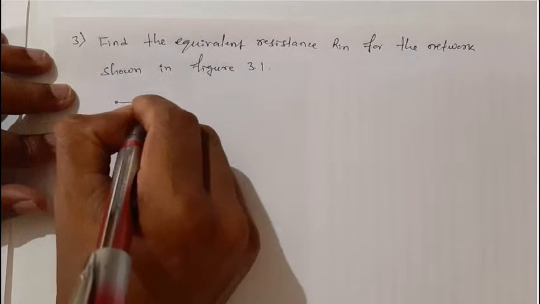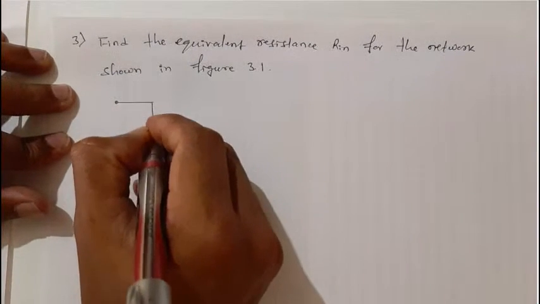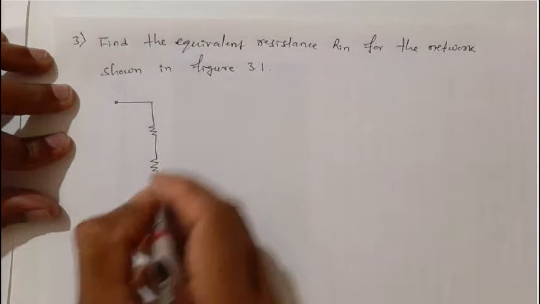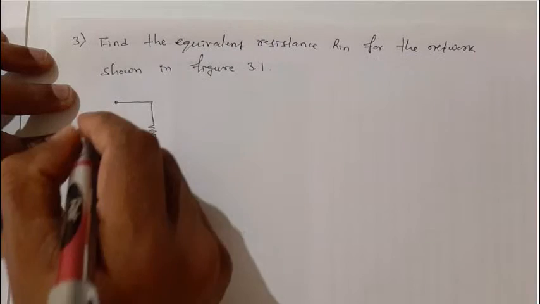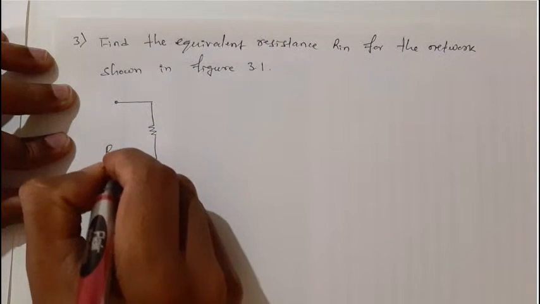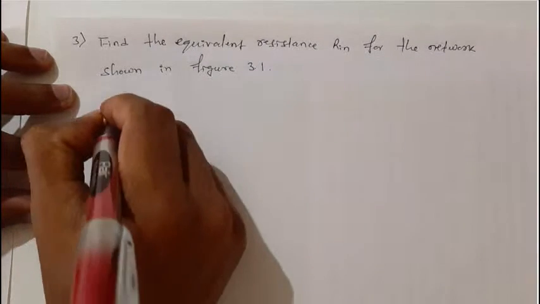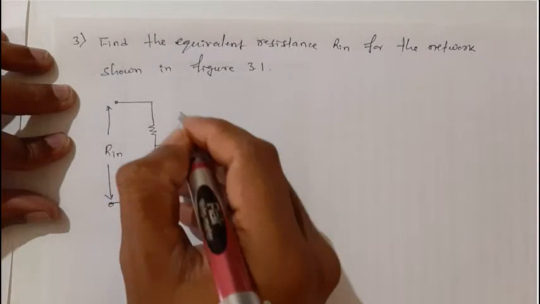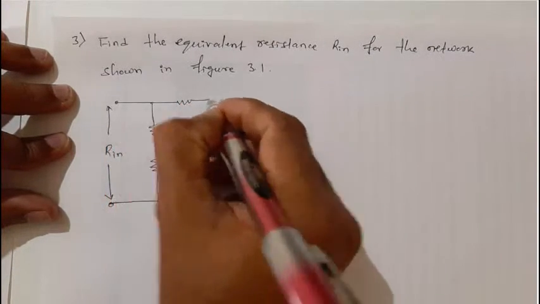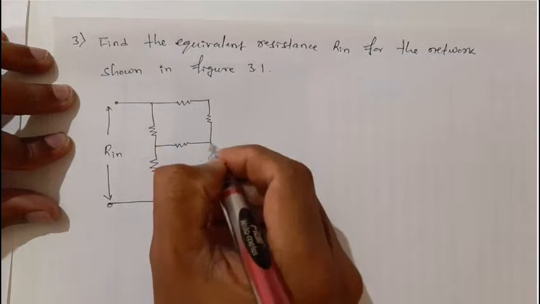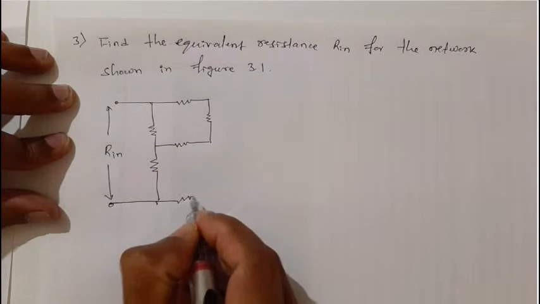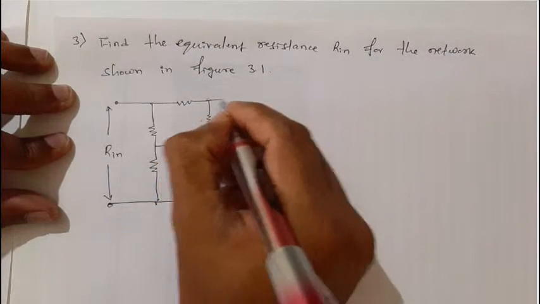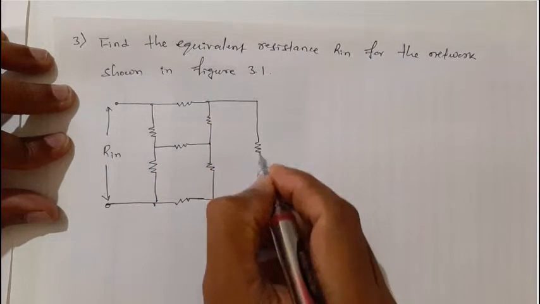Here we have a resistor. Between these two terminals we should find the input resistance R in. And here one more resistor, here another resistor, here one more, here another, and the last resistor is here.